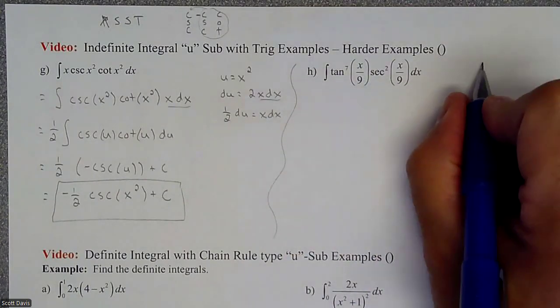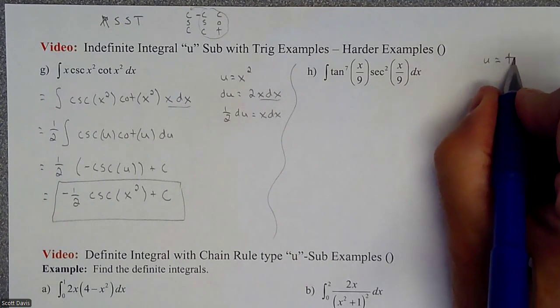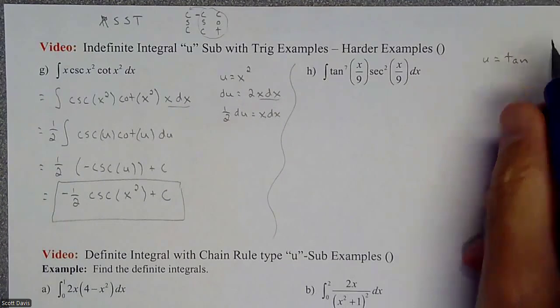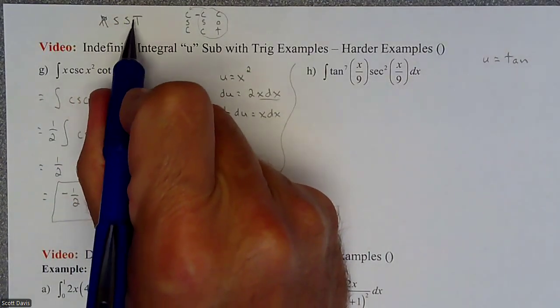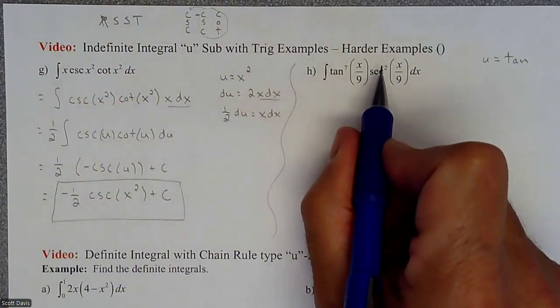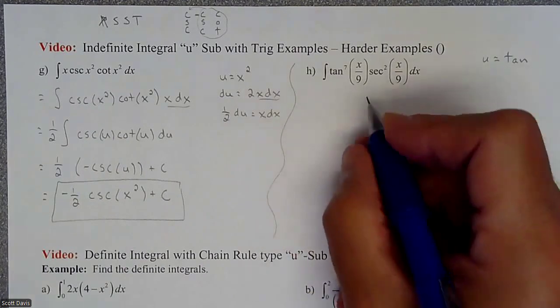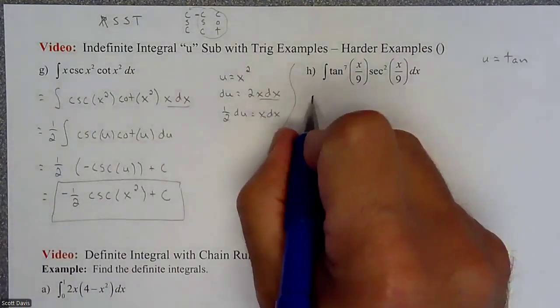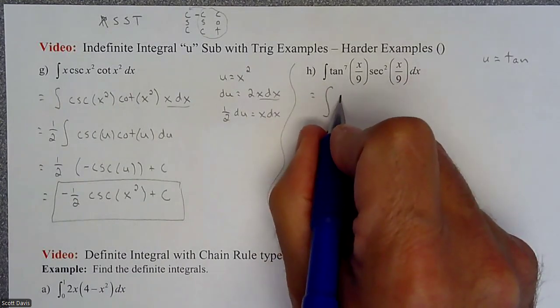So if I let my u equal tangent, and if I do the derivative of tangent, I get secant squared. So I can let my u equal tangent. So let me rewrite this a little bit.